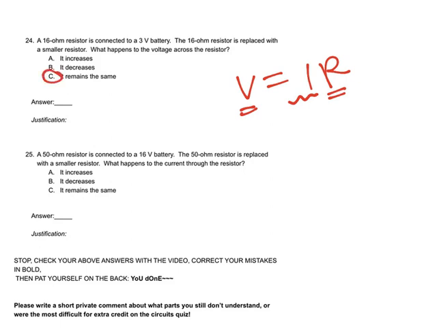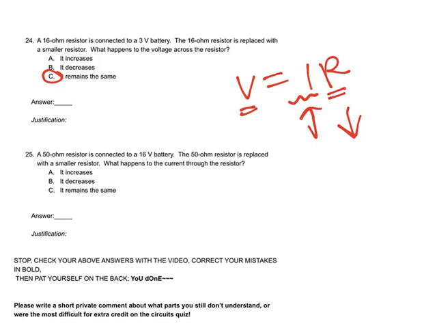So nothing happens, because just because you decrease the resistance is not going to affect what battery you're using. If you're using a 3-volt battery, you're using a 3-volt battery. What's going to happen, in fact, is that you're going to increase the current, but the voltage will remain the same.